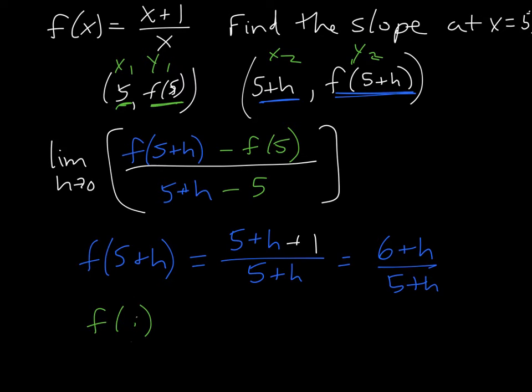And that's going to be plug in again a 5 in for every x you see here. So I've got 5 plus 1 all over 5. And last time I checked, that was 6/5.